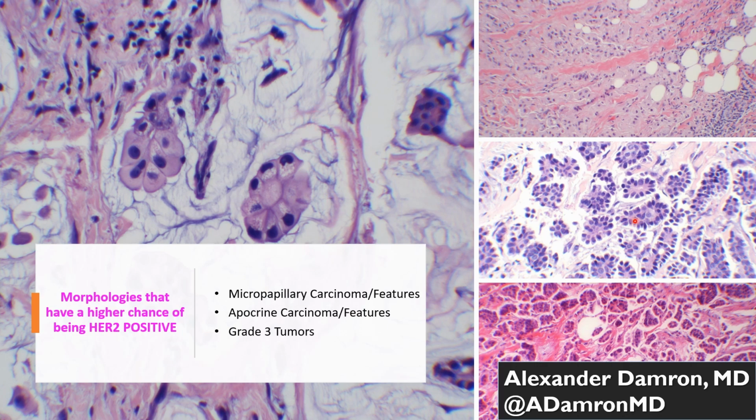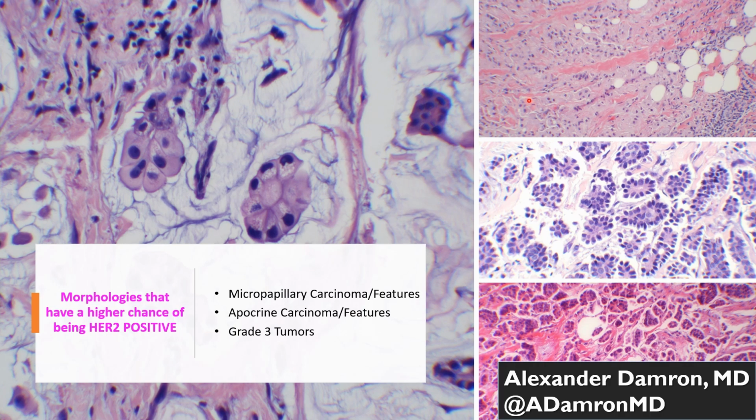Okay, this is also micropapillary features, and we're not going to go over the histologic morphologies of breast cancer in this lecture, but just know that micropapillary tumors have a much higher propensity to be HER2 positive than tumors of the same grade that aren't micropapillary, right? So micropapillaries tend to have about a 50% chance to be HER2 positive, as well as apocrine carcinomas.